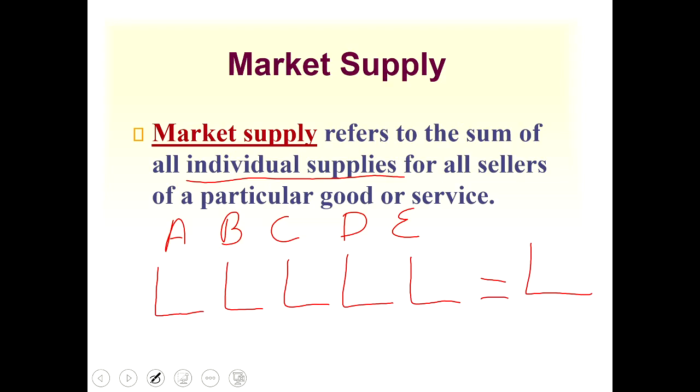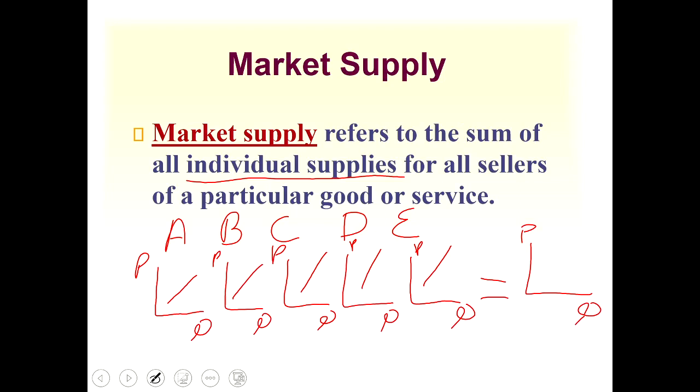So first, this is the supply curve of each person. These are just hypothetical supply curves. Here we have price level, here we have quantity, for each of them. So at price level 2, we are going to see the supply for each supplier.